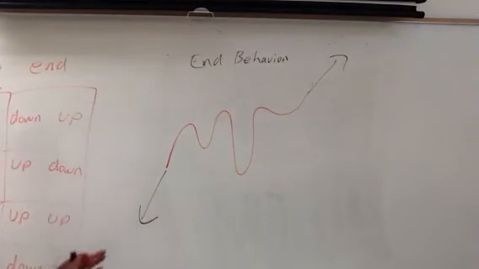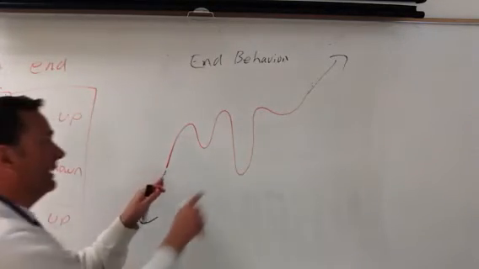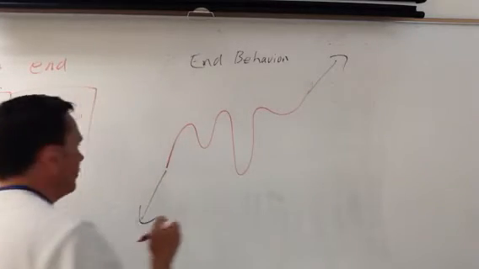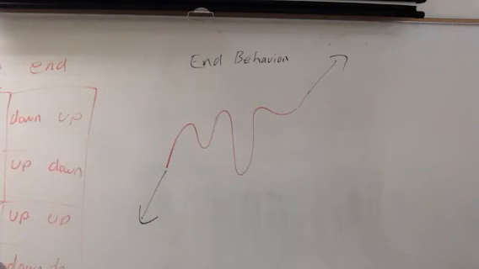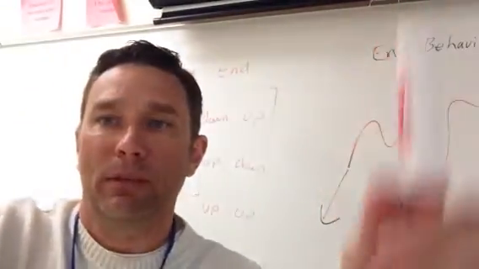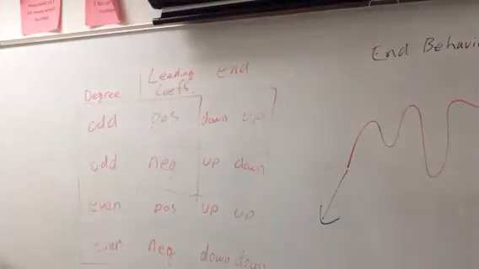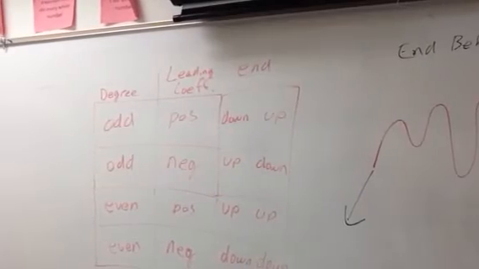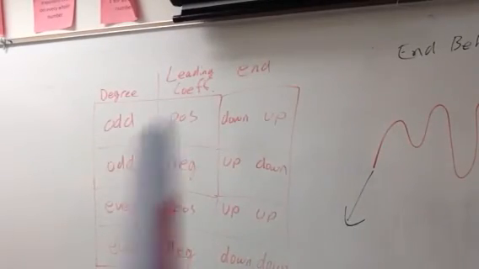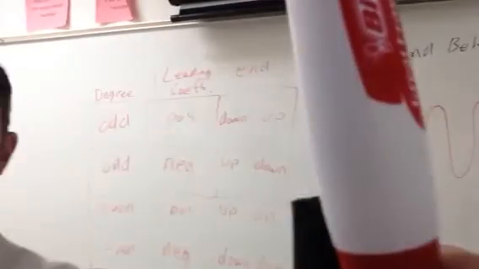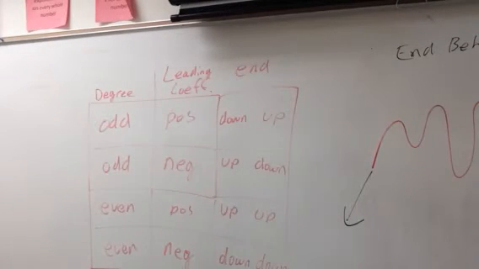We don't care about that. We just care about this end. And these rules over here will work every single time. So you want to start copying this down. And we're going to work through this and use this chart as well.